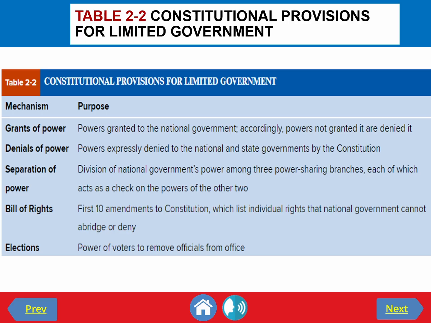Separation of power describes the division of national government's power among three power-sharing branches, with each one acting as a check on the powers of the other two. The Bill of Rights is the first 10 amendments to the Constitution, which list individual rights that the national government cannot abridge or deny. Lastly, elections give power to the voters to select and to remove officials from office.